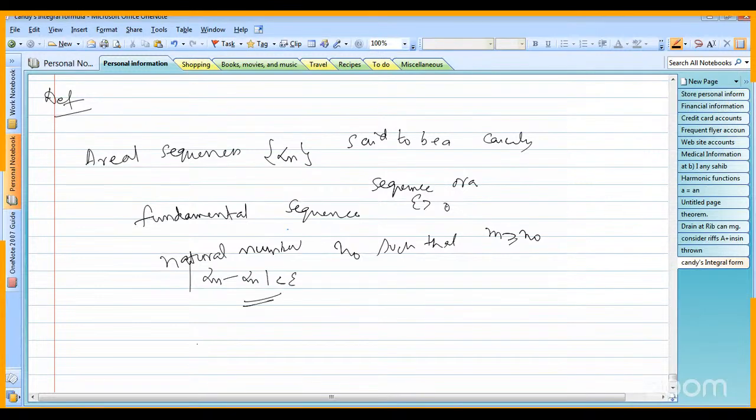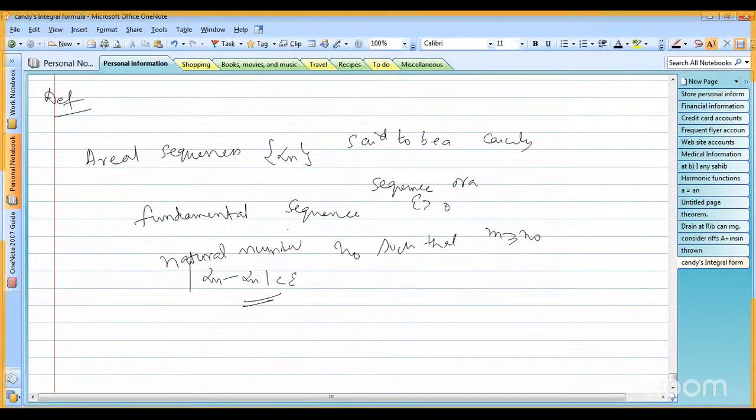So a real sequence alpha n is said to be a Cauchy sequence, the fundamental sequence, we can say for epsilon greater than 0, n greater than n naught, that is also you can write modulus alpha n minus alpha naught less than epsilon.